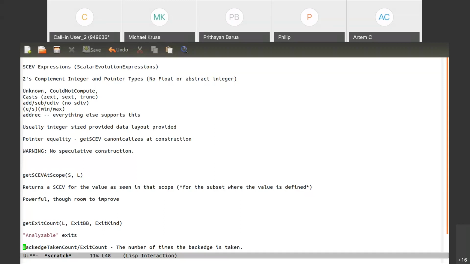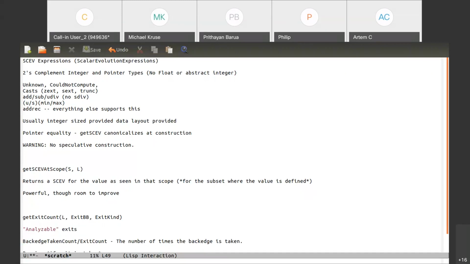Note that there's a subtlety here because there's a limitation in what SCEV can express. We'll get to it in a few moments around finite versus infinite values. And could not compute means both I didn't know how to compute this, and there's no representable result for this query. And you can't distinguish those two, unfortunately.